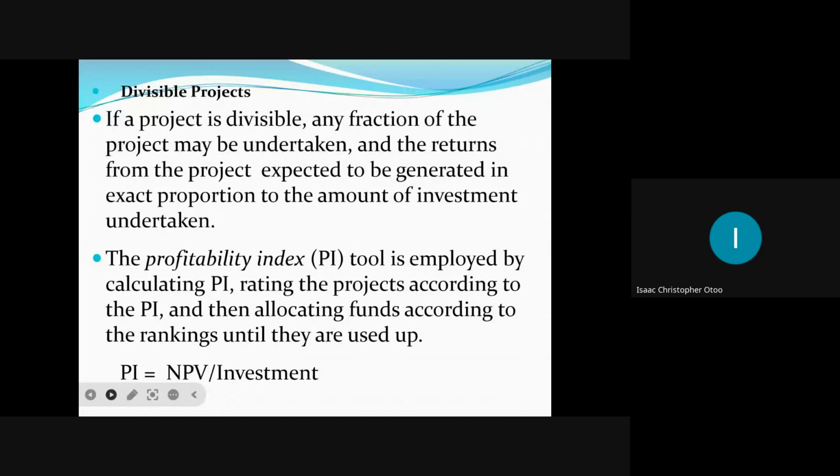Then the profitability index is employed by calculating the profitability index, ranking the projects according to the PI, and then allocating funds according to the ranking until they are used up. So if the project is divisible, use the profitability index to evaluate the project. And when it happens like that, the formula becomes net present value over investment.